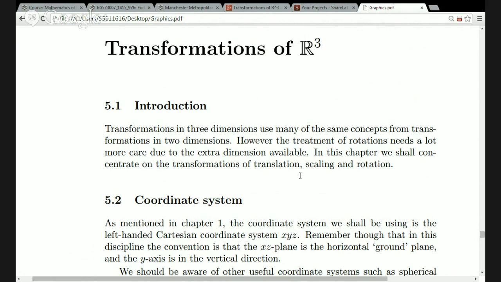When you're rotating in 2 dimensions, let's say you're rotating about the origin. If you've got various different rotations about the origin, for one thing, they all commute with each other. If I'm going to rotate my hand by a certain angle and then follow it by another rotation about the center point of my hand by some other angle, it doesn't matter in what order I do the 2 rotations.